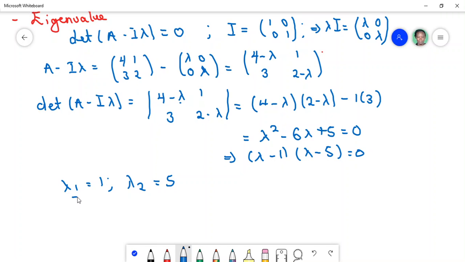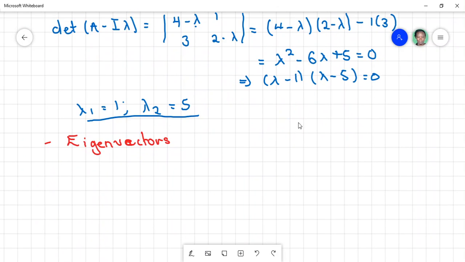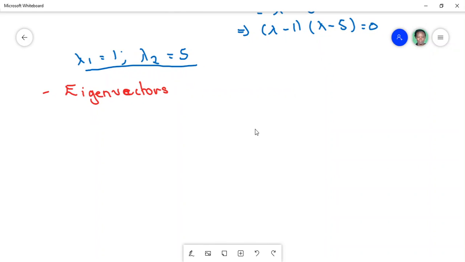So with the eigenvalues, why don't we find our eigenvectors for each corresponding eigenvalue?